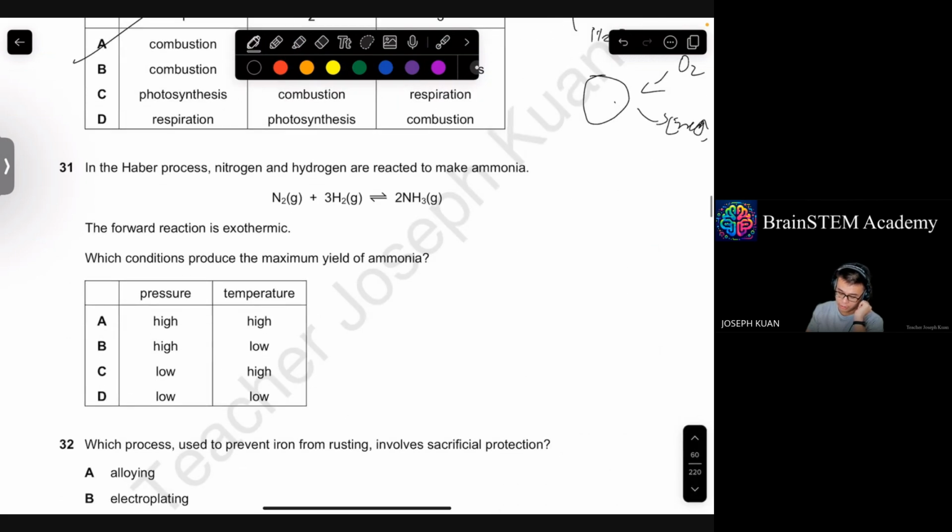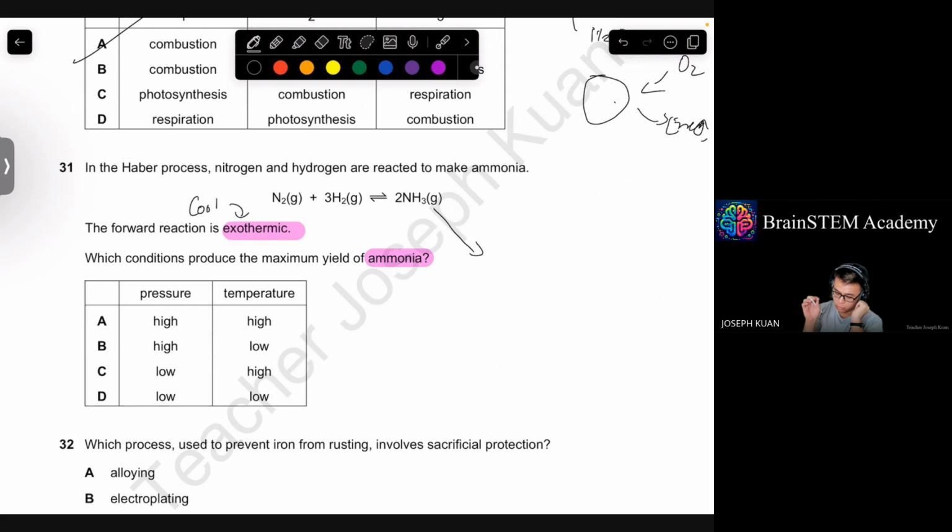Moving on to question 31. In the Haber process, nitrogen and hydrogen are reacted to make ammonia. The forward reaction is exothermic. Which conditions produce the maximum yield of ammonia? To produce the most product, we need to cool the mixture, as it's an exothermic reaction for the forward reaction.